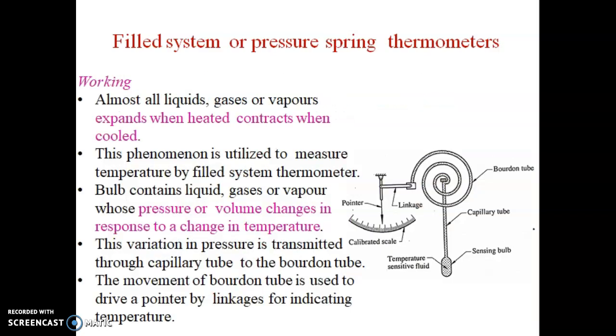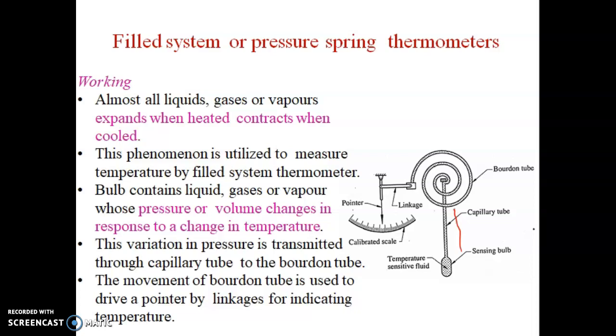And in working, when the bulb is heated, the pressure and volume of the fluid inside the bulb also change. This variation in pressure is transmitted through the capillary tube to the Bourdon tube.